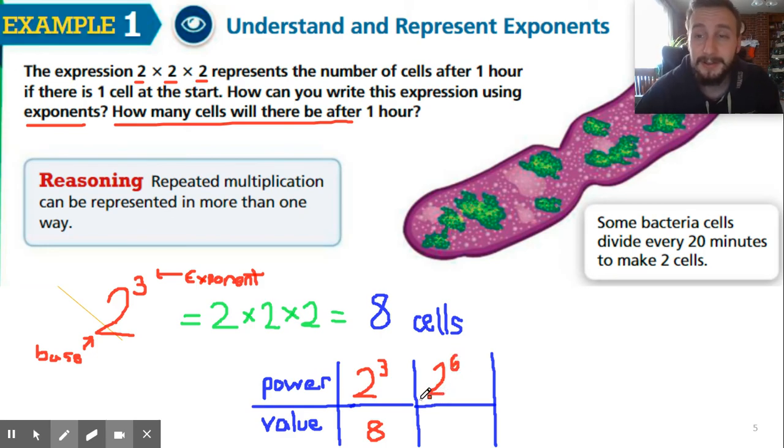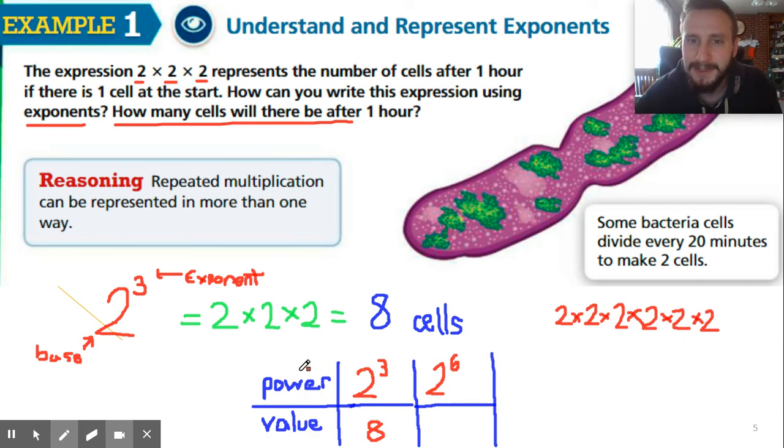2 to the third power is 2 times 2 times 2. Now what we want to do is 2 to the sixth power, which is 2 times 2 times 2 times 2 times 2 times 2. That's 1, 2, 3, 4, 5, 6 times.